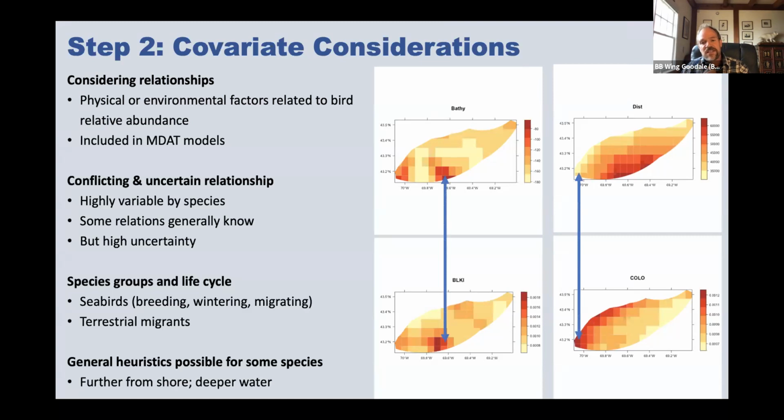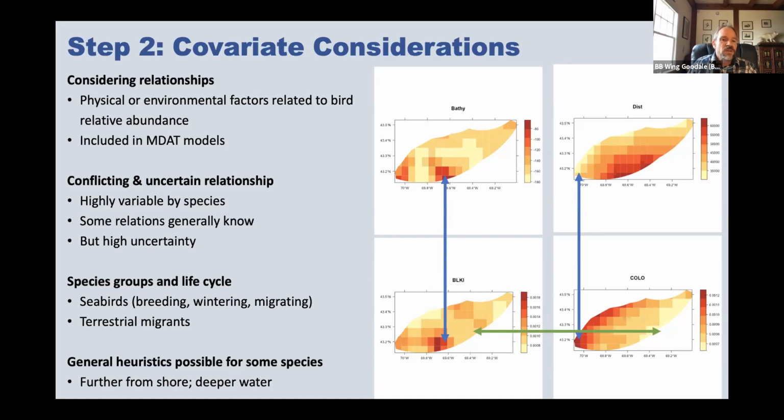Or if we consider distance from shore, we see the MDAT models are predicting that common loons, in the lower right-hand corner, are going to have higher abundance closer to shore. And those are strong relationships. But then we can consider these together and think, if we can get further offshore and in deeper water, then to some degree, we're minimizing potential exposure of two species here.